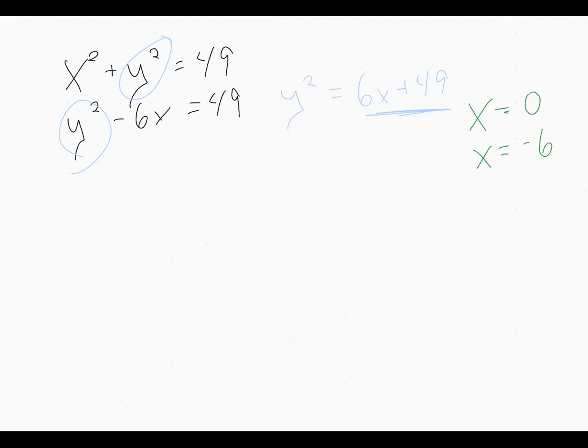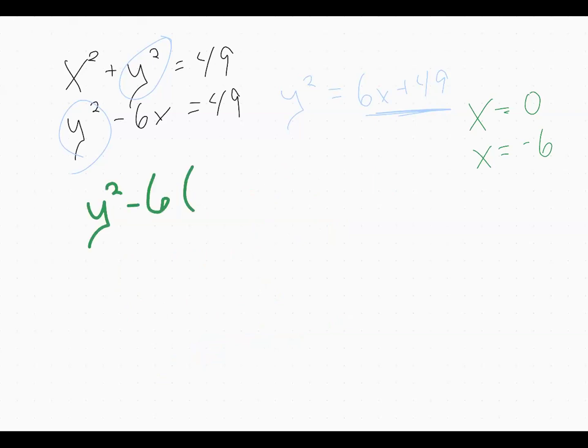Ooh, what color haven't I used? I haven't used that color yet. All right. So y squared minus 6 times 0 equals 49.